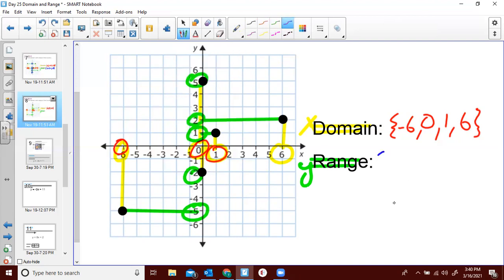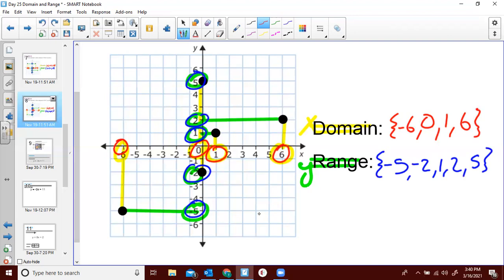And you're just going to go from least to greatest. So -5. Remember, check them off as we go. -2. We have a 1, a 2, and a 5. Just to make sure we got that one in there for the domain.